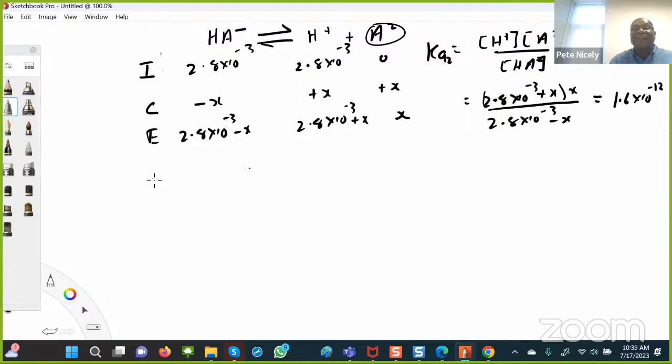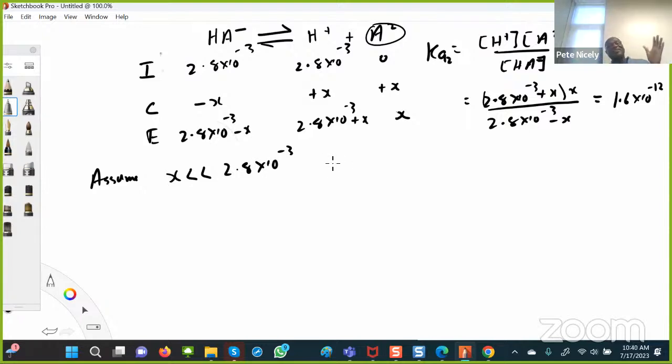Now we can simplify things a bit, because we can assume that X is small compared to 2.8 times 10 to the minus 3. We assumed in the first dissociation that X is small compared to the initial concentration, which is 0.1, and we found that the percent dissociation is less than 5%. So we don't even need to calculate the percent dissociation for the second dissociation, because it will be even less than for the first.